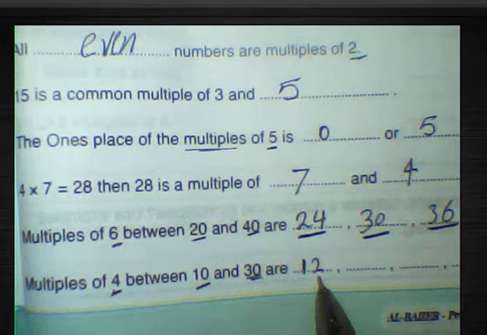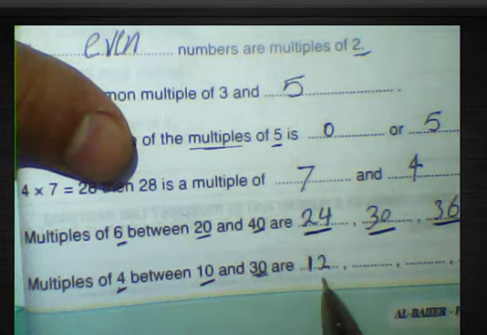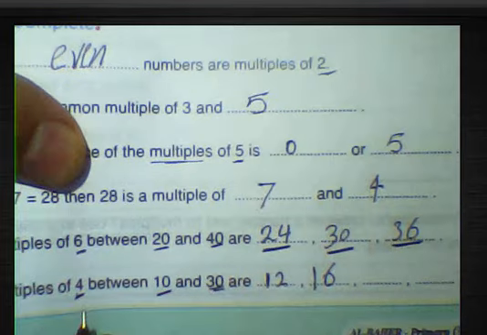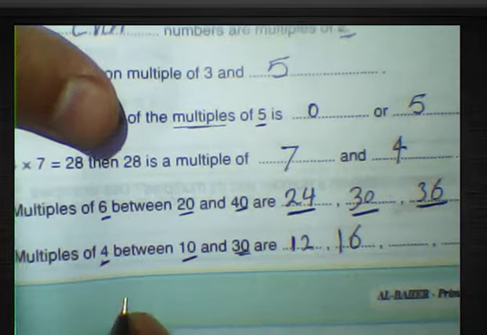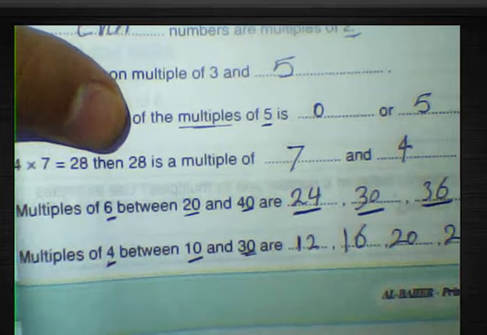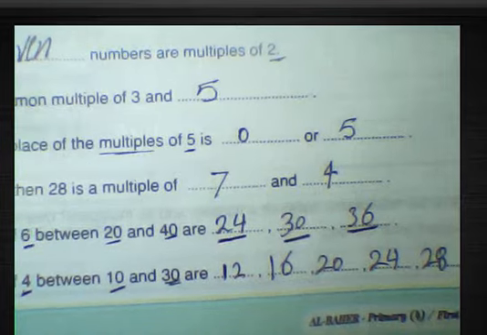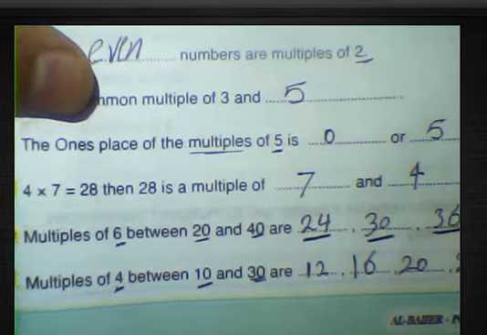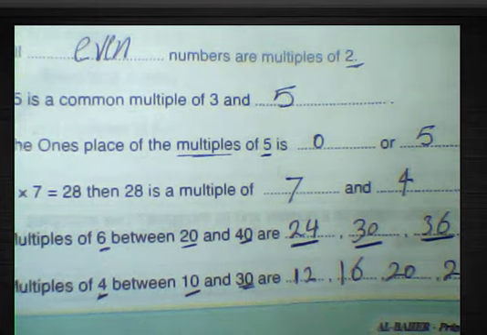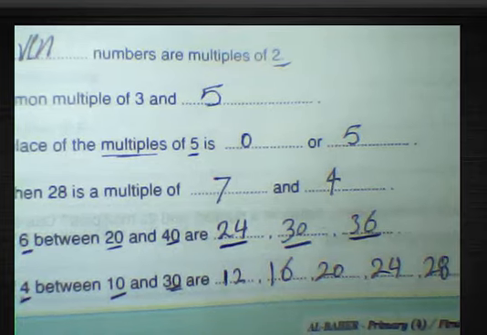And then we want to find 4 plus 4 equals 8, plus 4 equals 12. 12 plus 4 equals 16. 16 plus 4 equals 20. 20 plus 4 equals 24. 24 plus 4 equals 28. Understood? Multiples of 4 between 10 and 30. Right, 12, 16, 20, 24, 28.